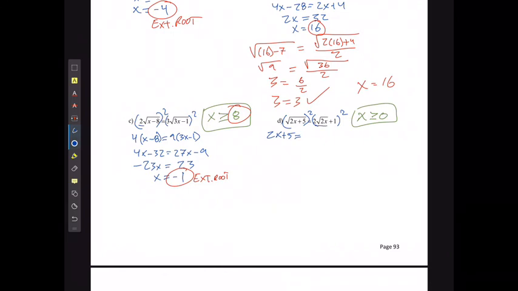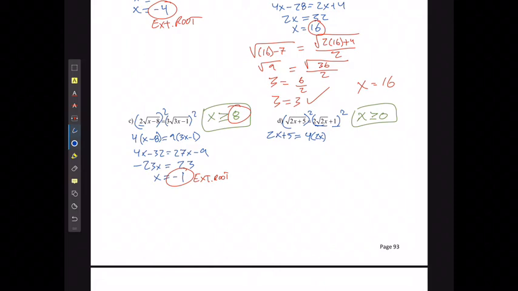I'm going to square the first term, so I'm going to square the 2 times root 2x and get 4 bracket 2x. The middle term is going to be the 2 root 2x multiplied by 1 and then double it because the middle terms are going to be 2 of the same.